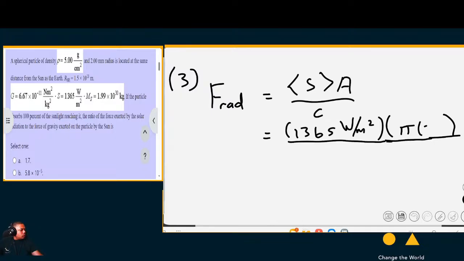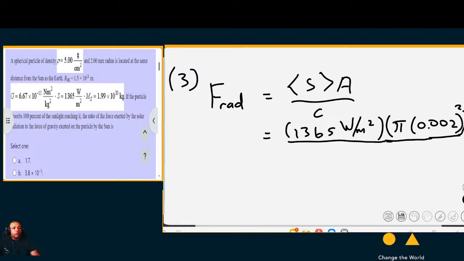Let me write it so: pi times the radius squared, and the radius is 2 millimeters, so 2 millimeters is 0.002, squared.